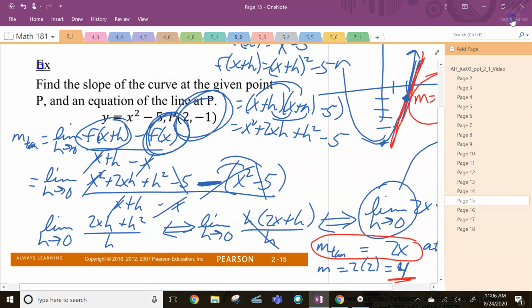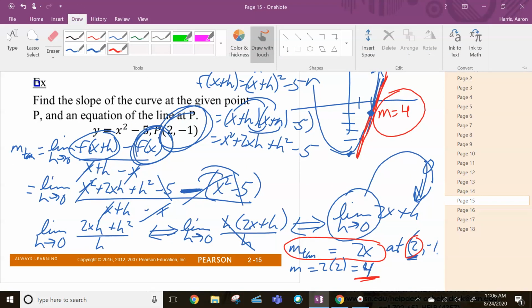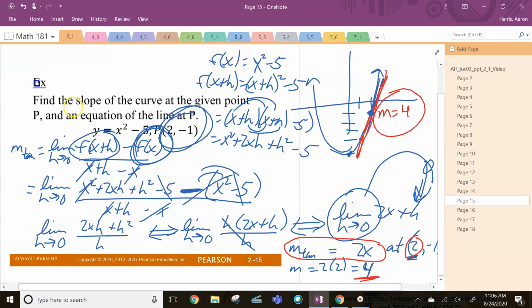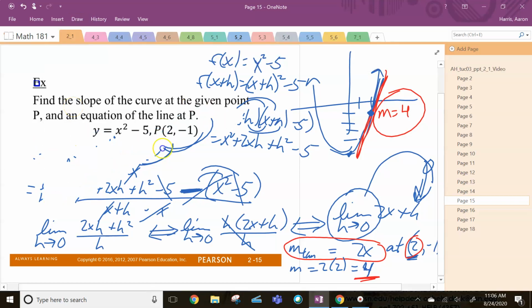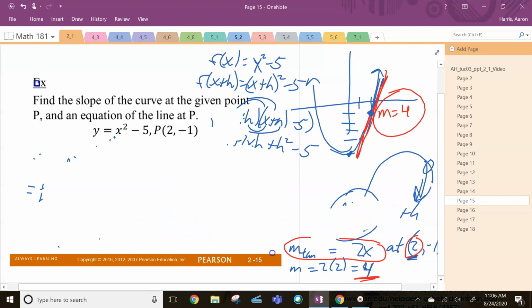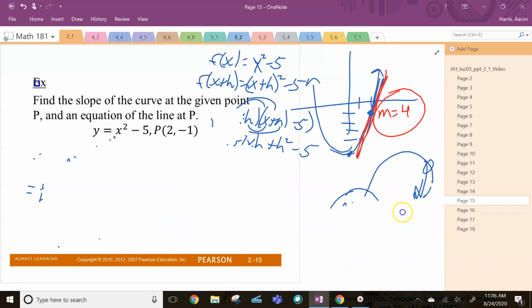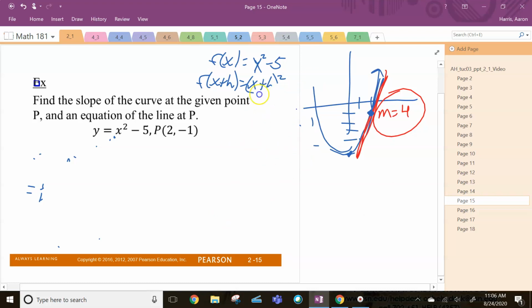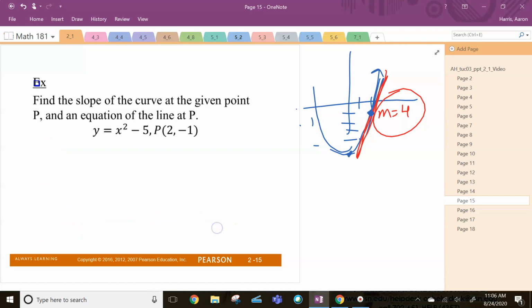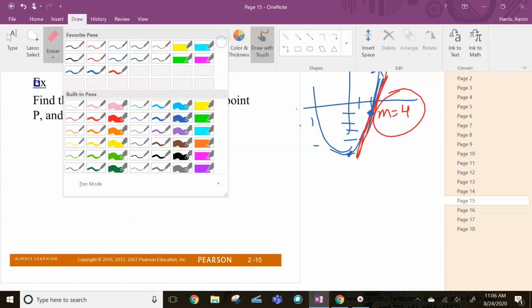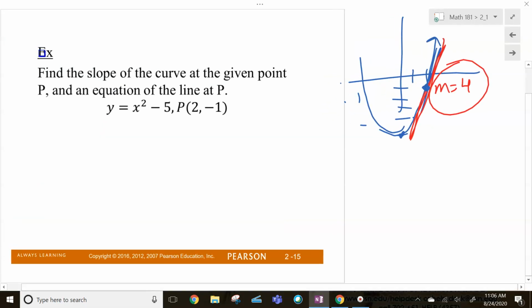So now I can finish this thing off. So I have a slope of 4, and it's at the point 2, -1.